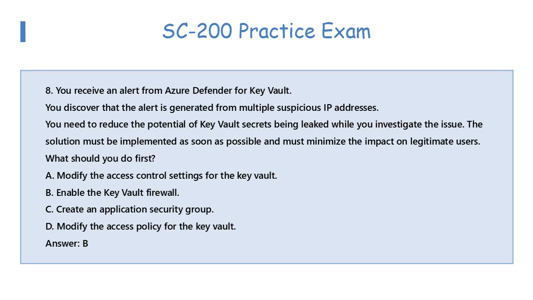What should you do first? A. Modify the access control settings for the Key Vault. B. Enable the Key Vault firewall. C. Create an application security group. D. Modify the access policy for the Key Vault. Answer: B.